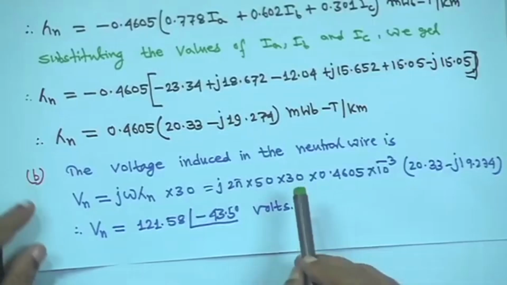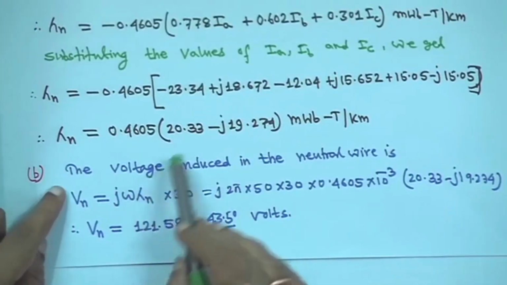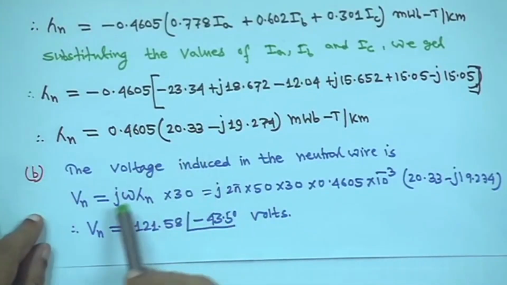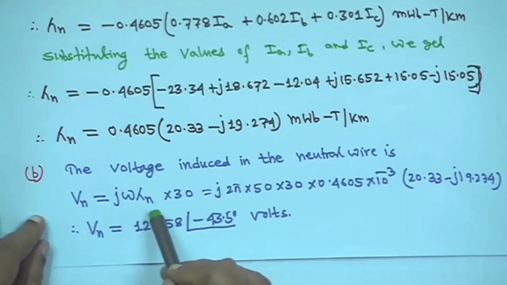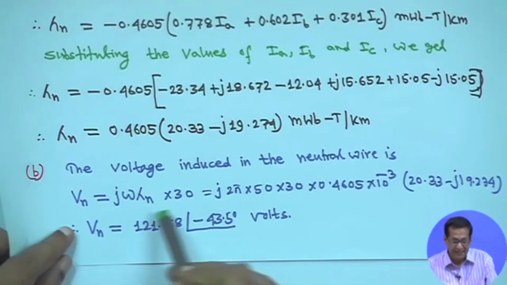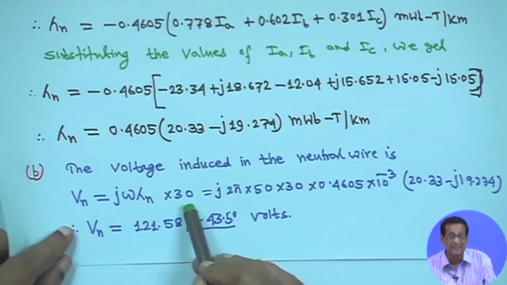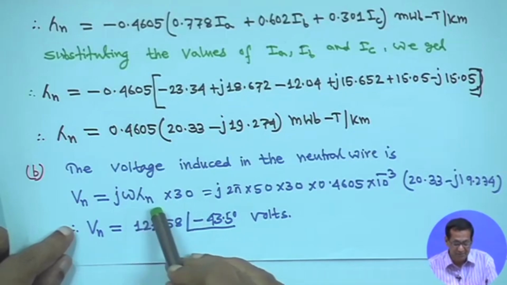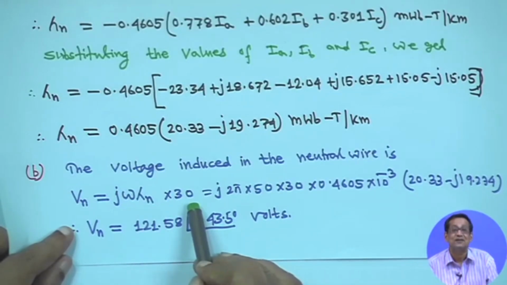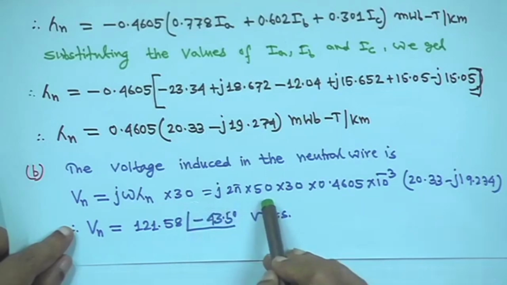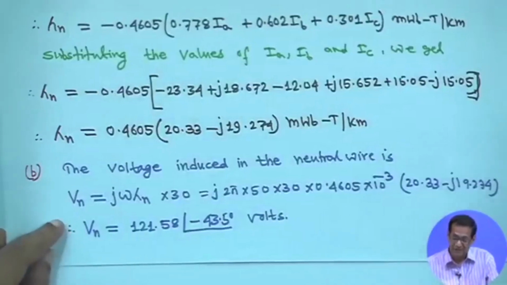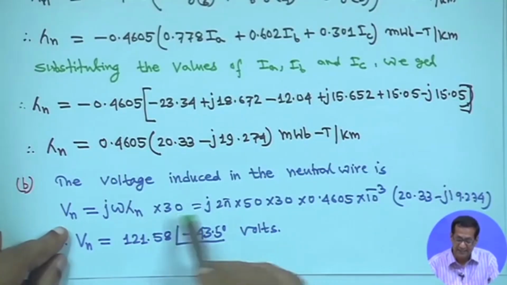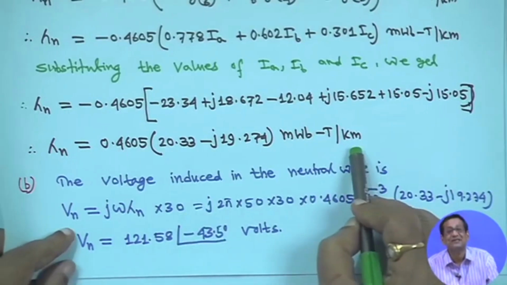Now the second part. This was the flux linkage; part B is the voltage induced in the neutral wire. Vn is equal to j omega lambda N into 30, because the length of the line is given as 30 kilometer. Assuming it is a 3 phase 50 Hertz system, as written there, we multiply by 30 because the quantity is given per kilometer.